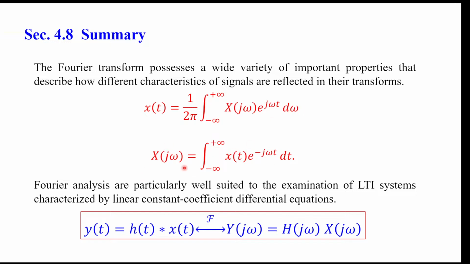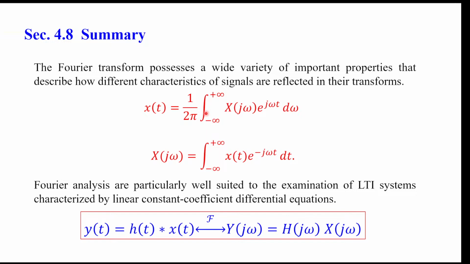And big X of j omega equals integration from minus infinity to plus infinity of x of t e to the minus j omega t dt. We think of this big X of j omega as the x of t signal in the frequency domain. It can be viewed as the amplitude of the x of t e to the j omega t component, times 2 pi from this expression here.